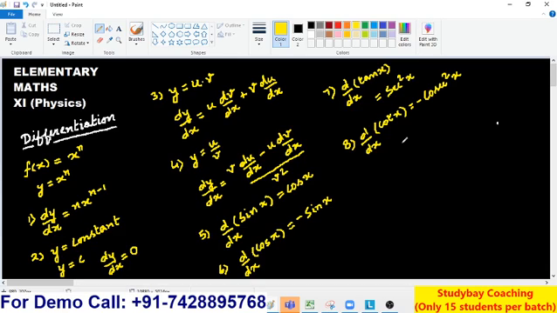After that, d by dx of sec x will be equal to tan x into sec x.